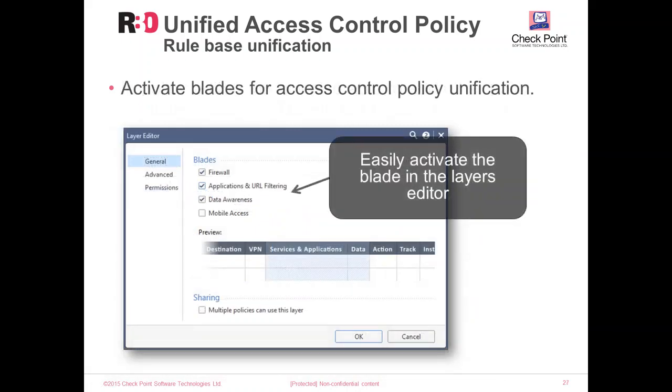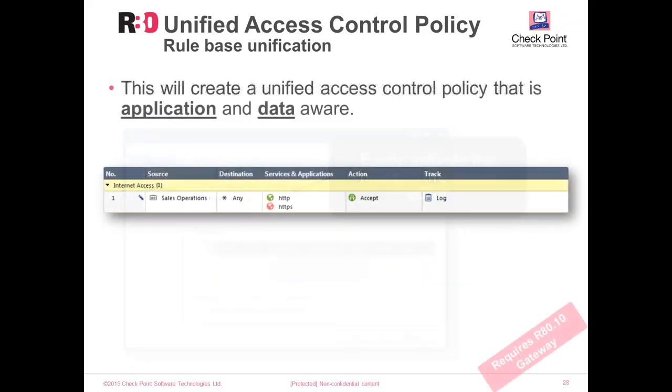The layer editor allows us to activate and deactivate blades in the layer to create a unified access control policy that is basically data and application aware. So I can decide to either create a new layer, or I can, in the existing layer inside my policy package, easily activate additional blades to create a unified policy.